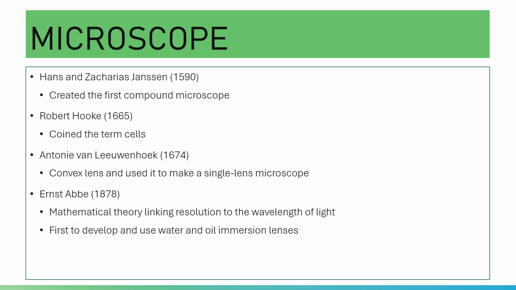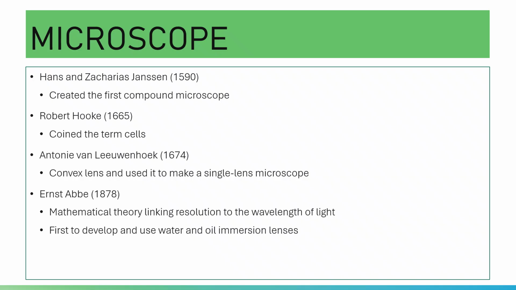skopein, which means to look at or to examine. With that being said, your microscope is an apparatus, an instrument that allows us to study cells, tissues, microorganisms, crystals, and nanoscale structures.